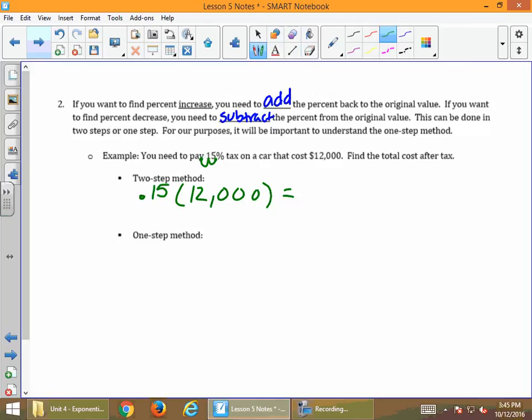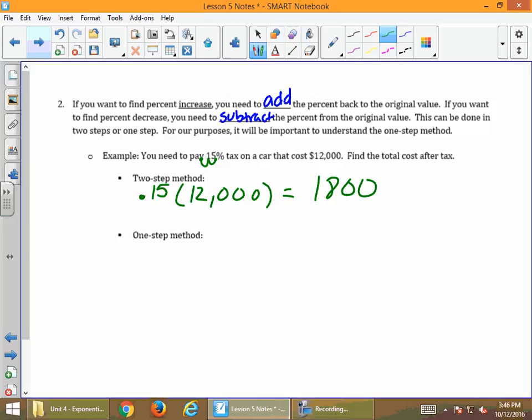Go ahead and plug that in your calculator. You should have gotten 1,800. That's how much the tax is on a $12,000 car.